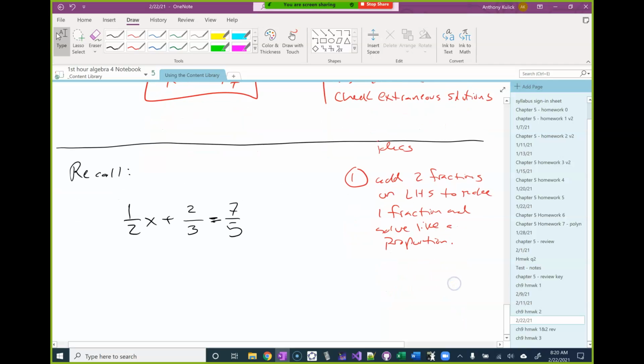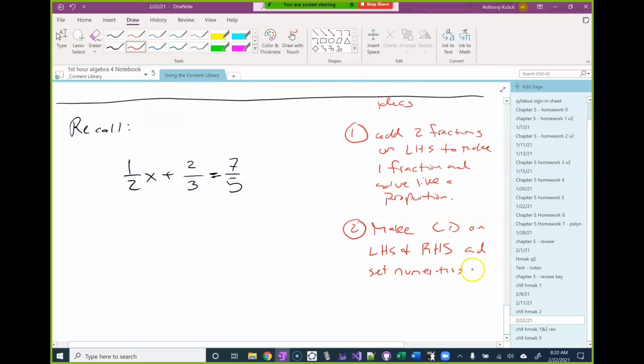You could do that. Our next option is we could make a common denominator on the right-hand side and left-hand side, and then we could set the numerators equal to each other and solve.